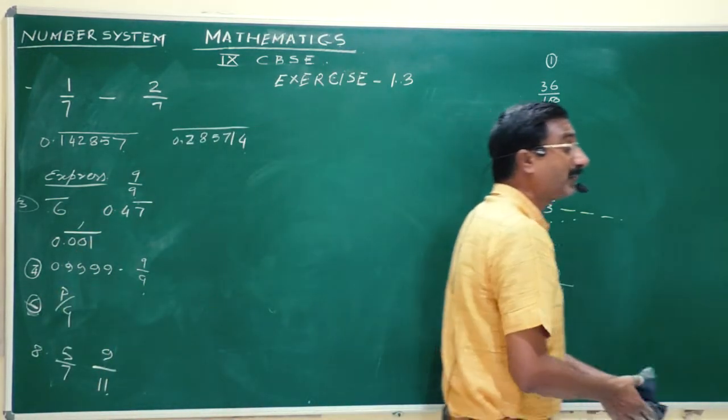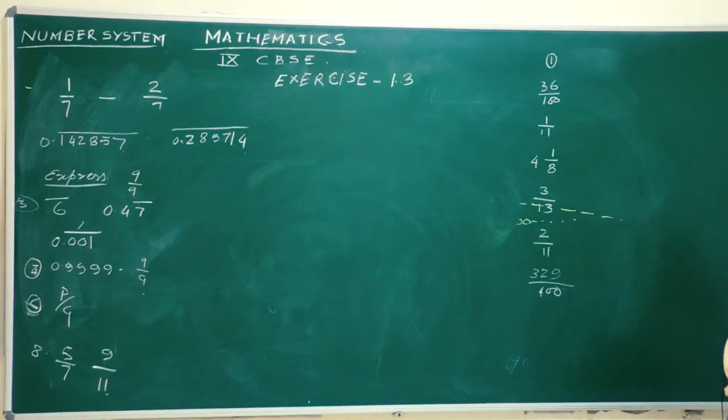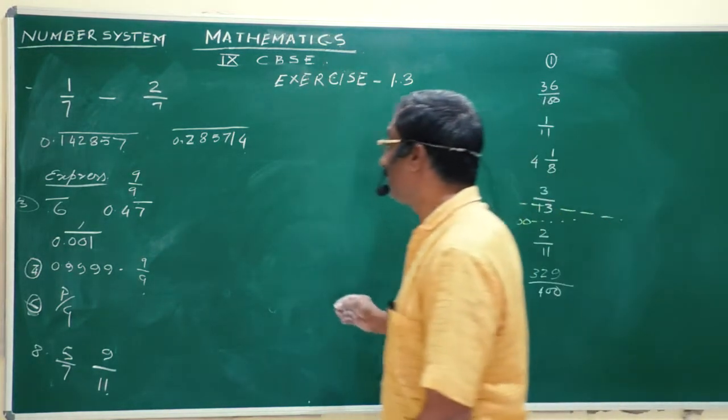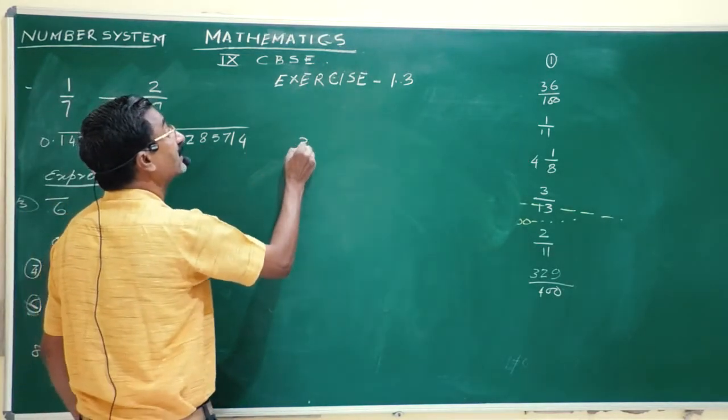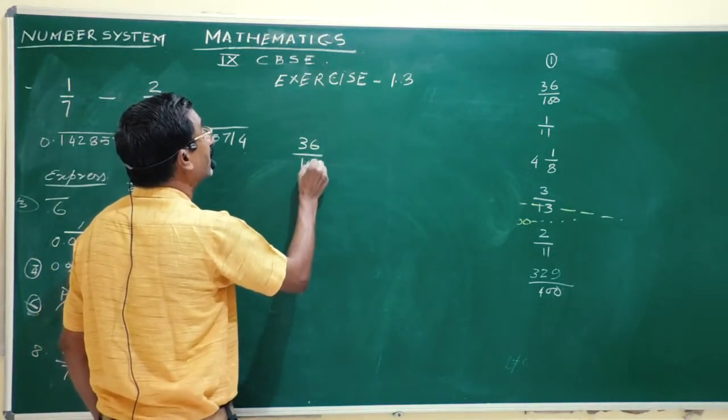Example 1, exercise 1: write the following in decimal form and say what kind of decimal expansion each has. What kind of decimal expansion means whether it is terminating or non-terminating. So the first one is 36 upon 100.